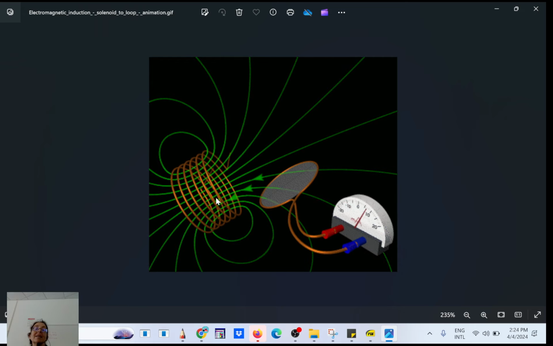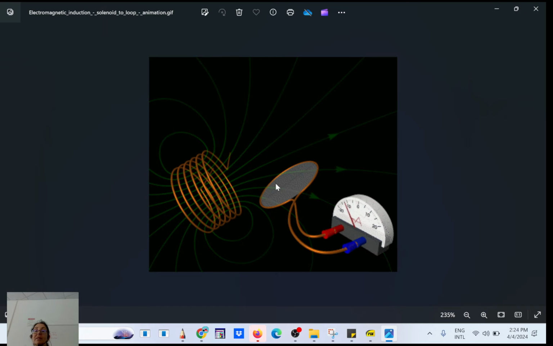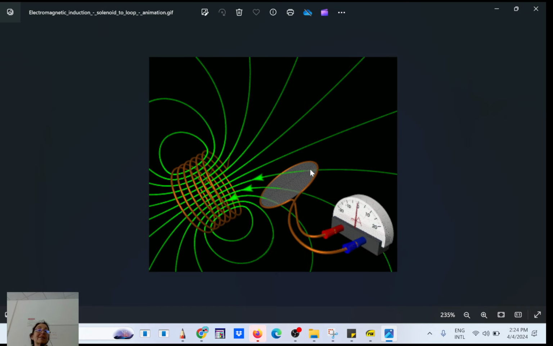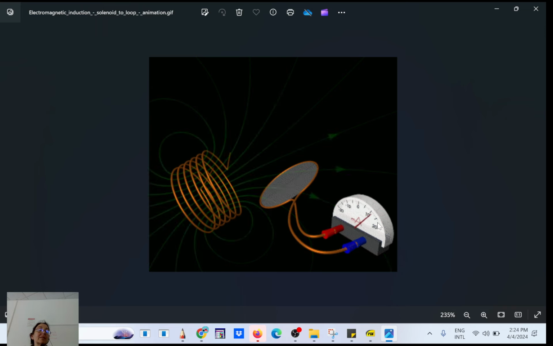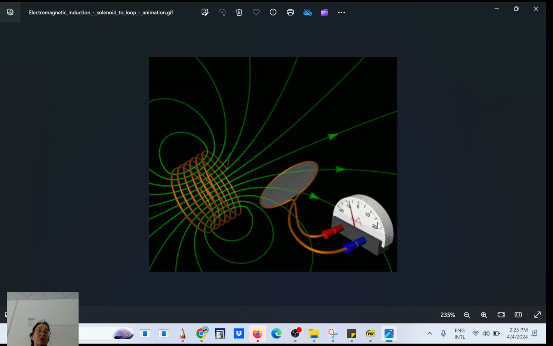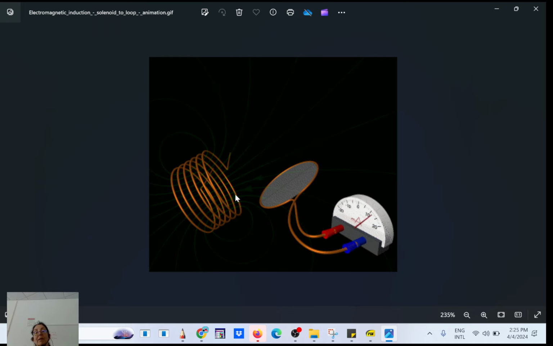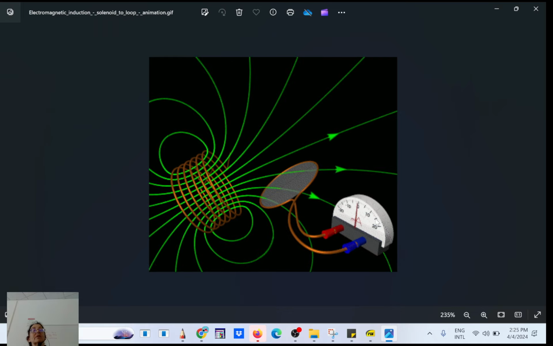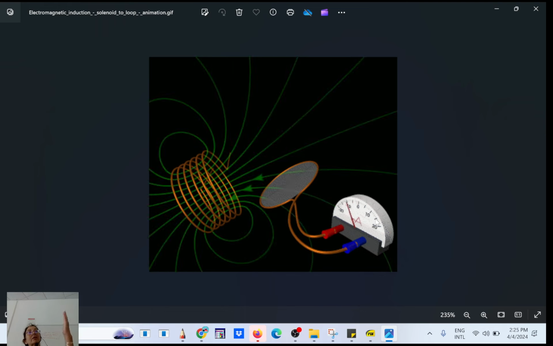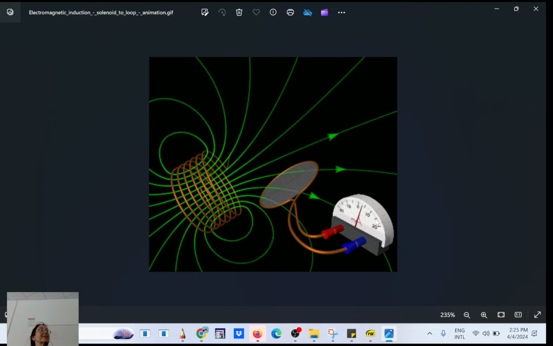You see, it takes time for the magnetic field to build up. So only during that time, the number of lines is going to increase, and you see EMF induced. Or when it's going to collapse because you turn off your electromagnet, you're also inducing an EMF. Only when you turn on the electromagnet or turn off the electromagnet.